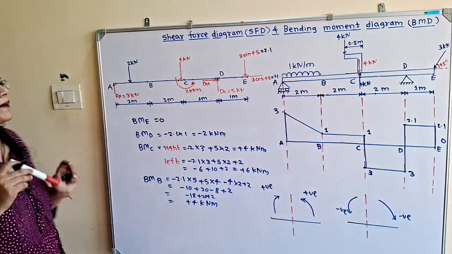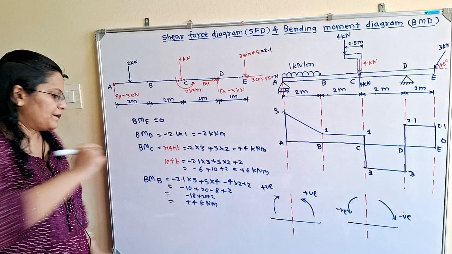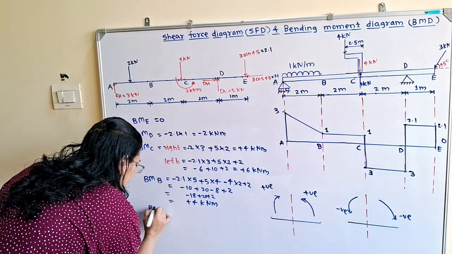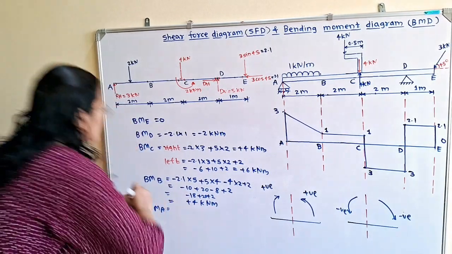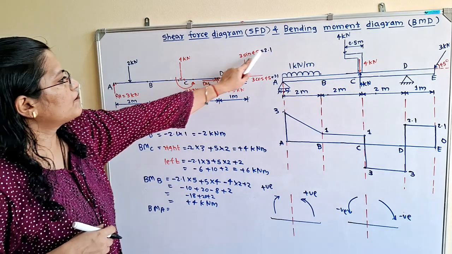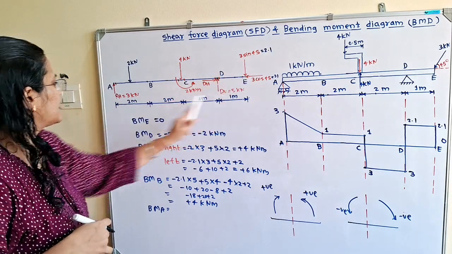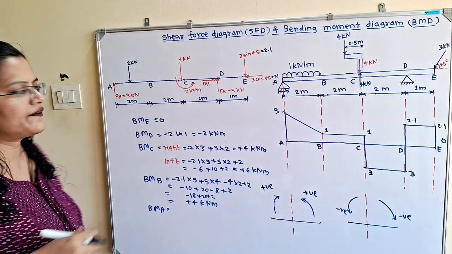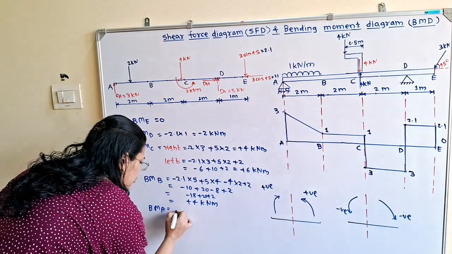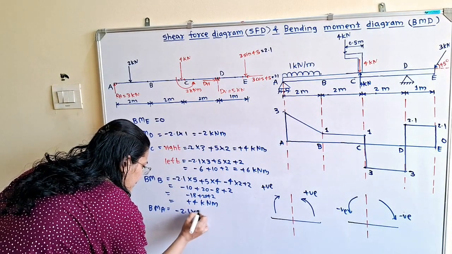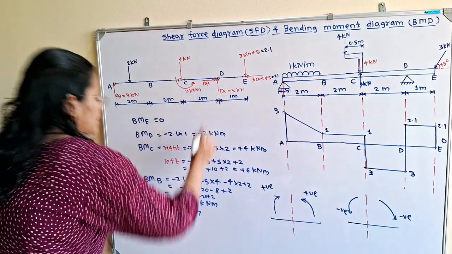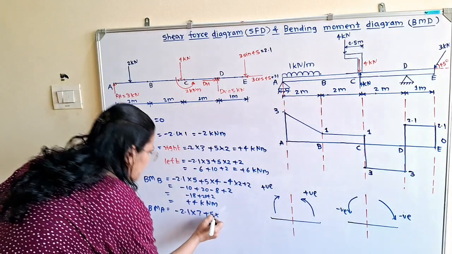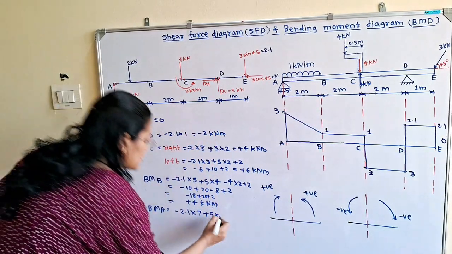Now we will move to the bending moment at point A. So again let us take the load 3 sin 45, that is 2.1 multiplied by this total distance 7. There is clockwise direction, so minus 2.1 multiplied by 7. Then here plus 5 multiplied by this distance 6.